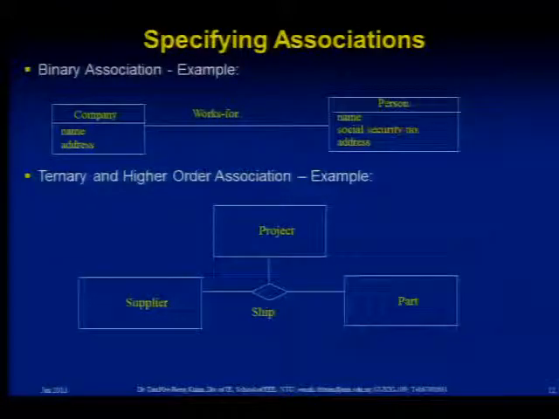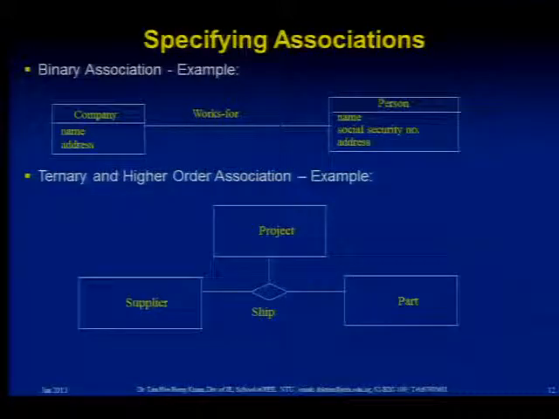Any person who is working will be an instance of the person class. So here it means that many people work for a company, and a company has many people working for them. So we define this work-for association to specify such interactions.